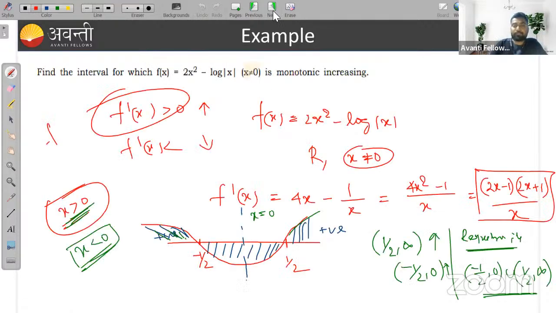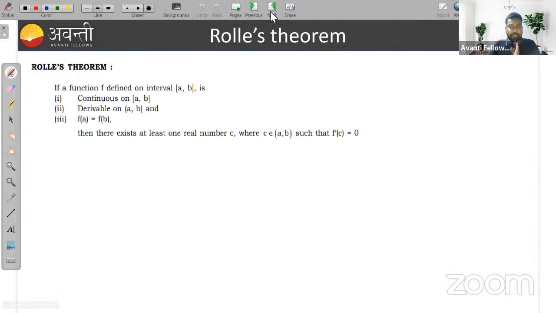Okay, now we'll discuss what is Rolle's theorem.